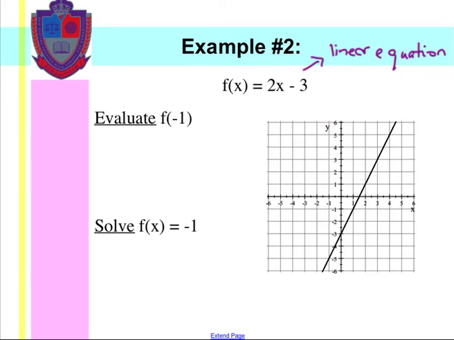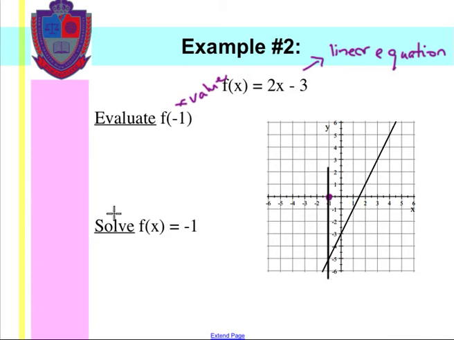So I'm going to look at where is x. x is negative 1. Remember, this is going to be my input, my x value. Good. So this is my x value. Okay? So I look for negative 1, which is right here. And then I draw a line down to see where this intersects the graph.